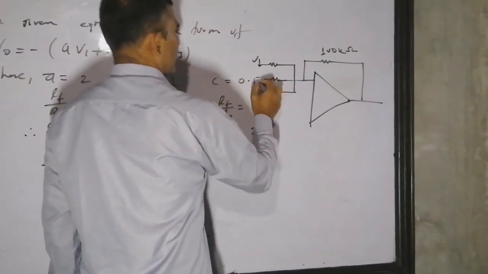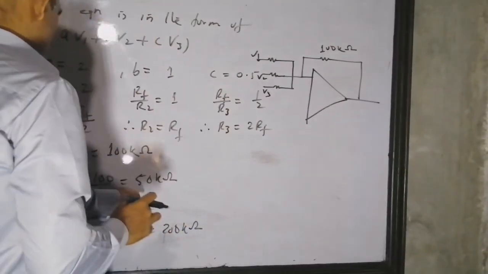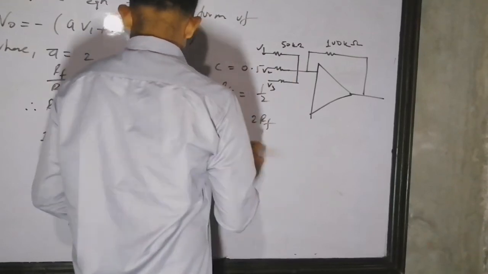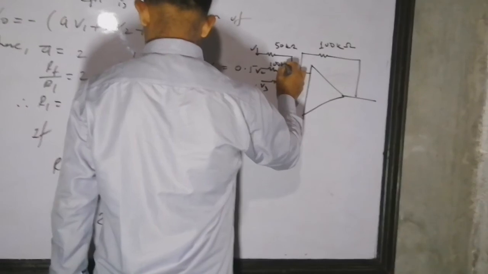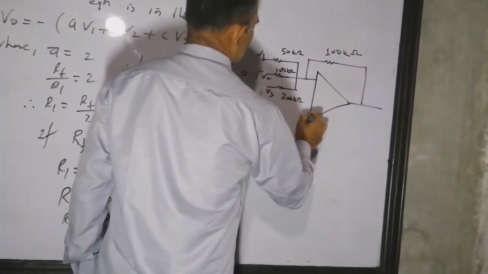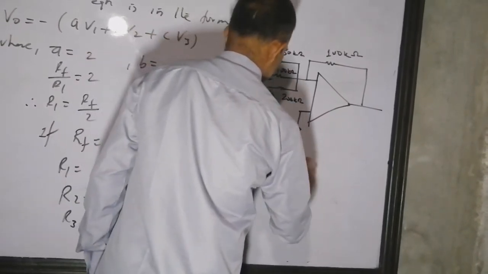This is V1, this is V2, and this is V3, and R1 was 50 kilo ohm, so this will be 50 kilo ohm, R2 was 100 kilo ohm, and R3 was 200 kilo ohm.